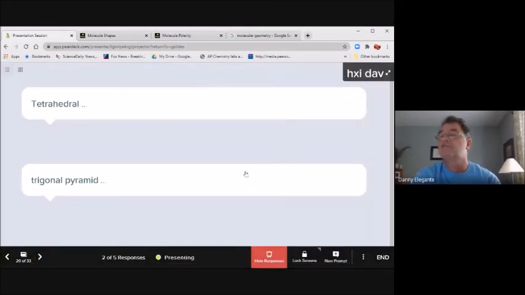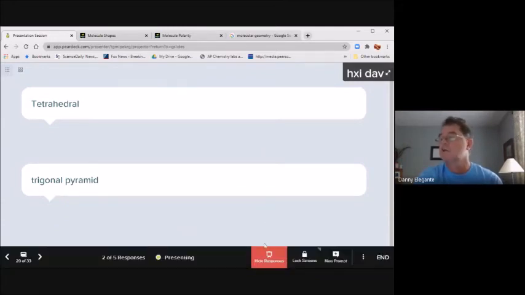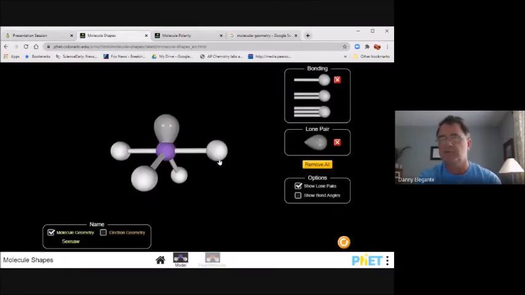We've got a tetrahedral and we've got a trigonal pyramid. Those are both excellent answers. So let's see what this molecule is. Is it trigonal pyramidal or is it tetrahedral?